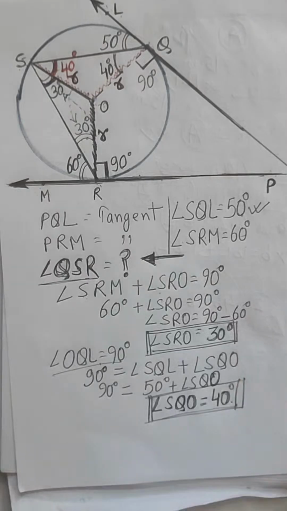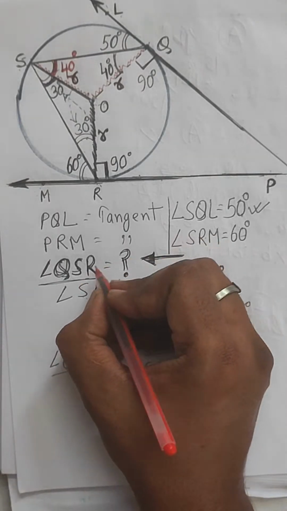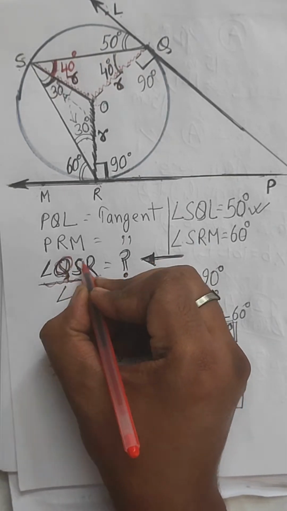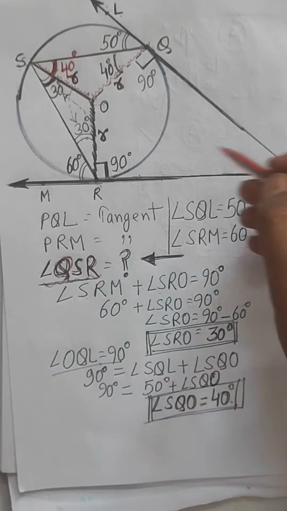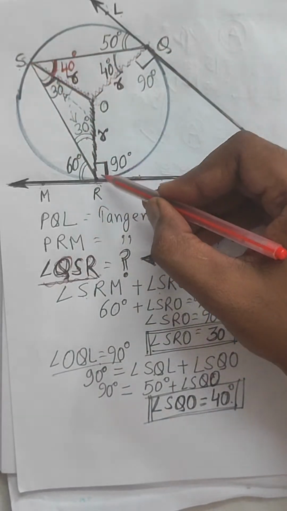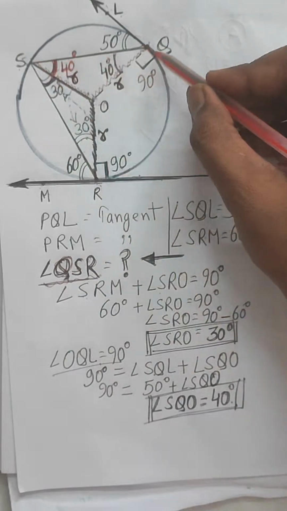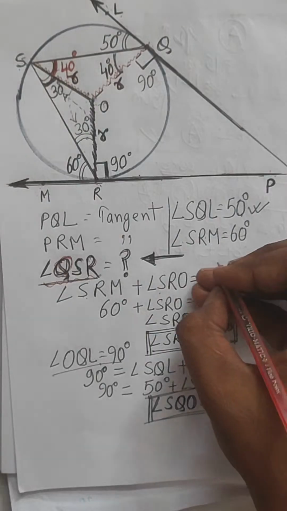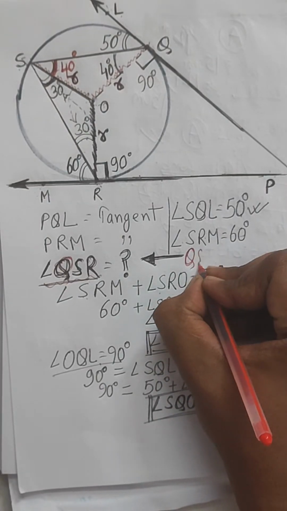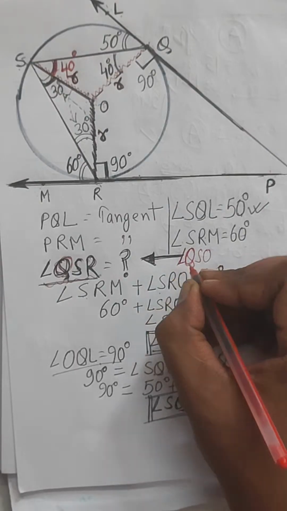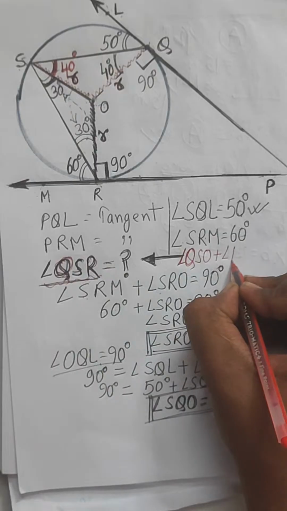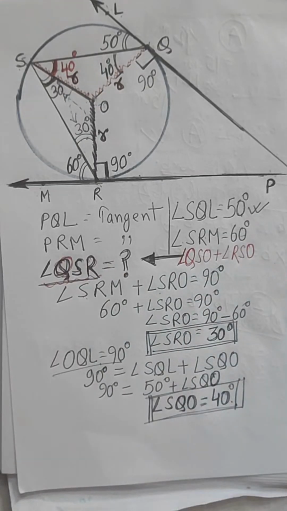Now we have to calculate the value of angle QSR here. You just observe it. QSR is QSO plus RSO, right? Angle QSR is equal to angle QSO plus angle RSO. Am I wrong? Tell me.